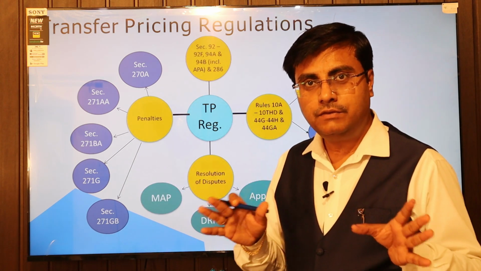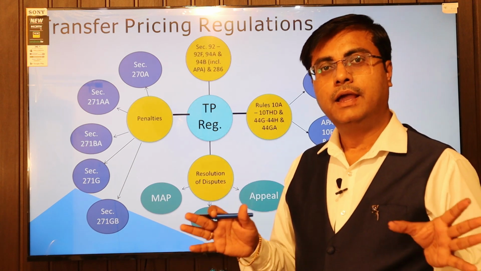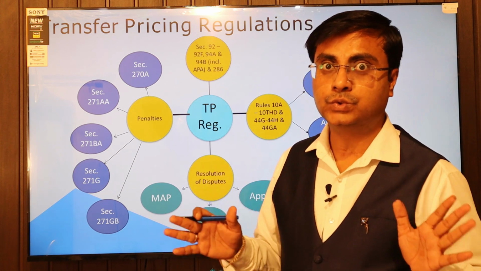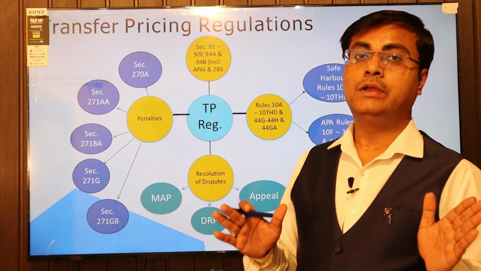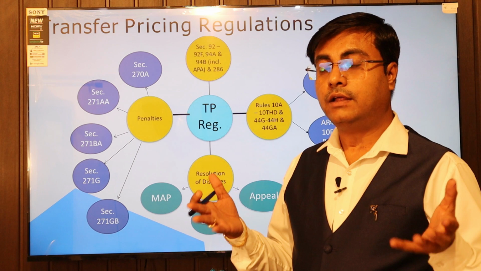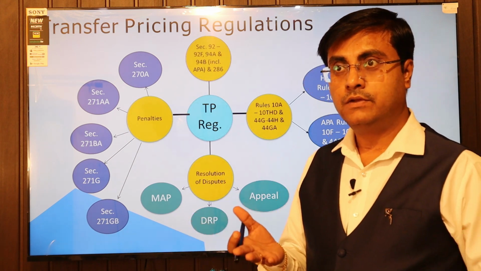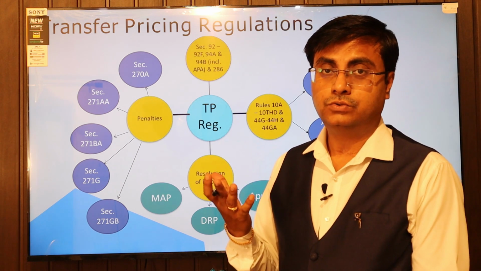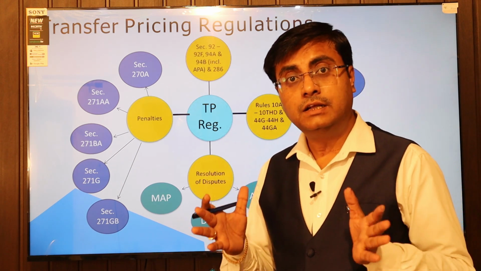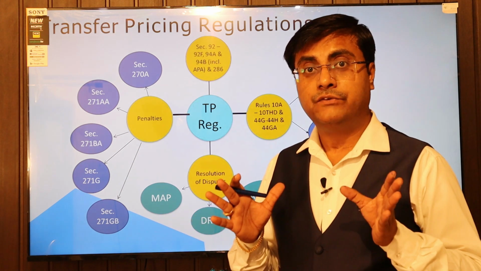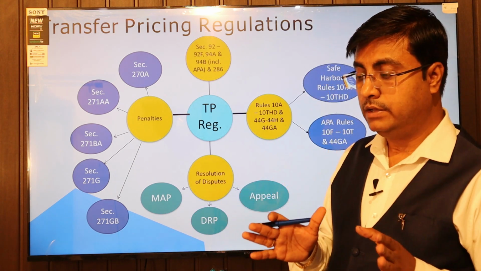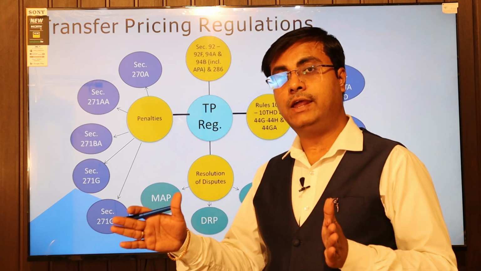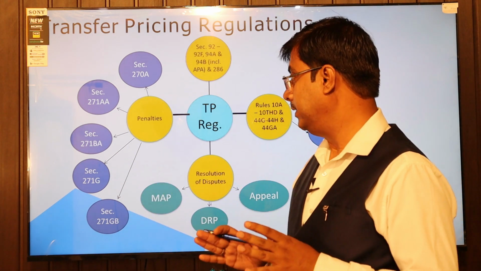So even if you do not maintain any document in respect of transfer pricing, the penalty amount is very huge. That is 2% of the international transaction. So let us assume your case, whatever the international transaction is, the penalty is 2%. So maintenance of continuous, very rigorous documentation is most important in TP, and you have to file before the authority.